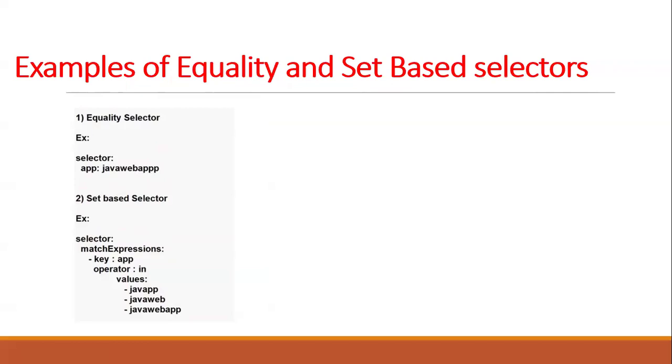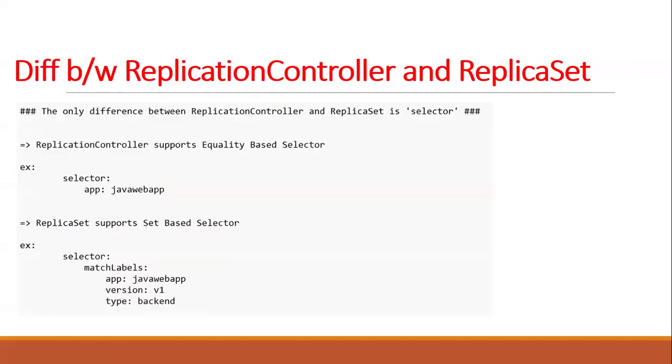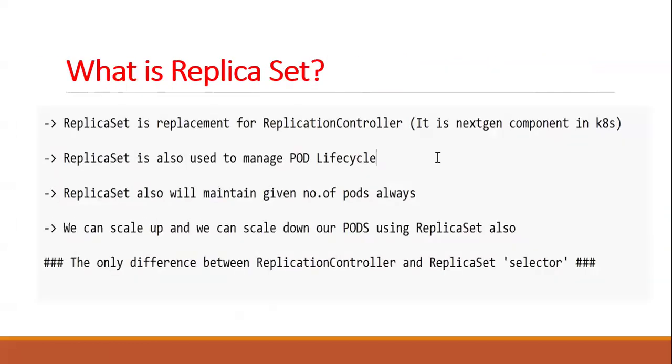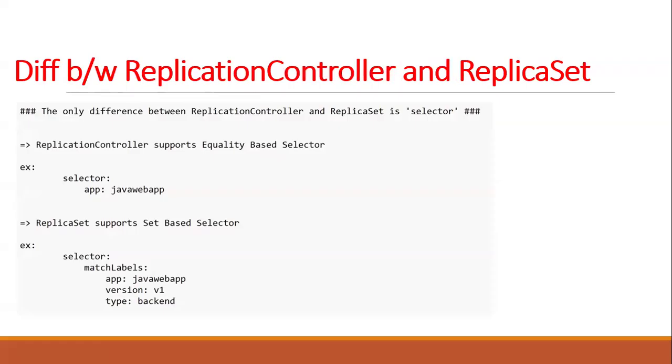The only difference between replication controller and replica set is the selector. The replication controller supports an equality based selector, while the replica set supports the set based selector.